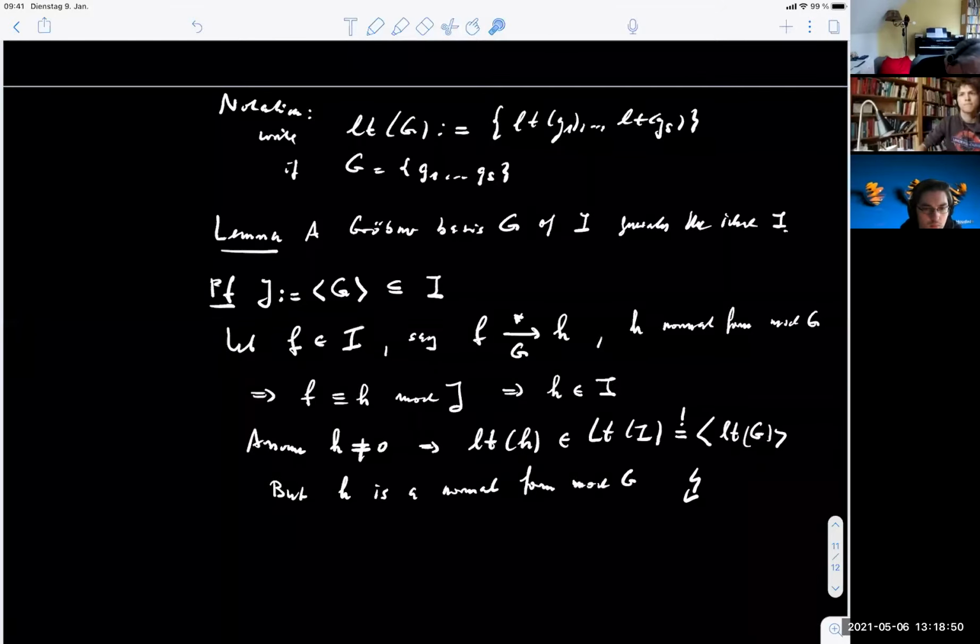If it were here, I could do a reduction step. But I assume it's a normal form. This is a contradiction.